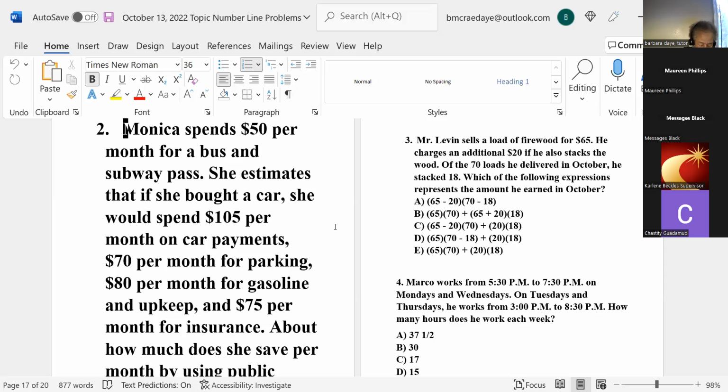Okay, like I said, $50 a month on the bus on the side there. Anyone find the expenses for the car?